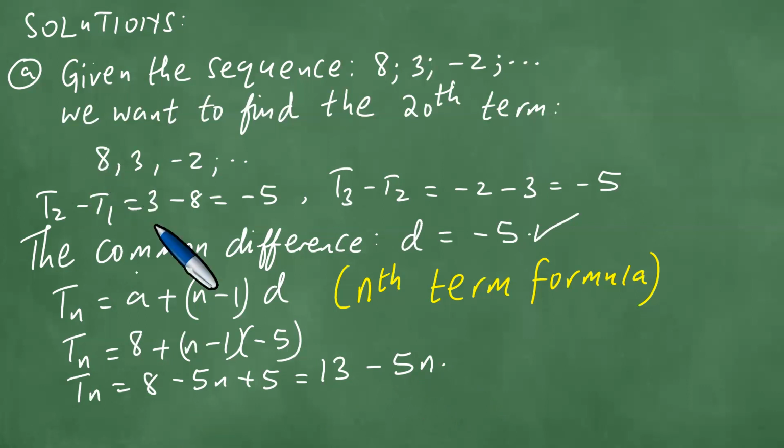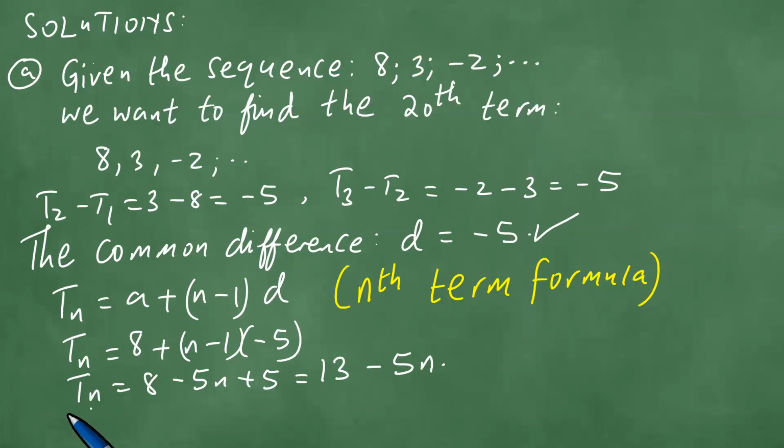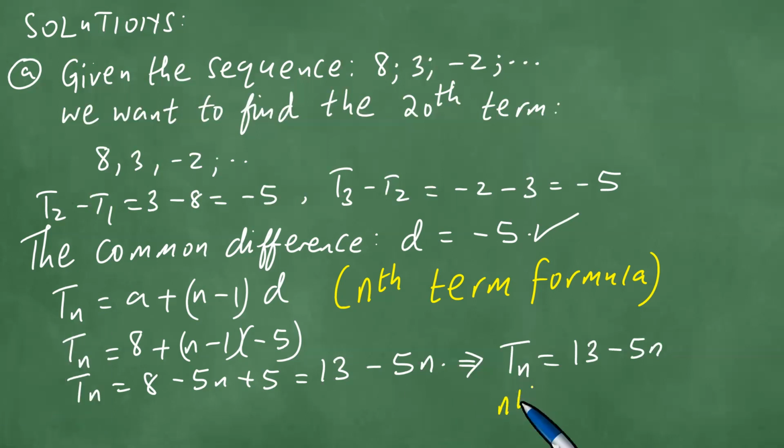The question was: use formulae to determine the nth term. So T subscript n is 13 minus 5n. It is the nth term.